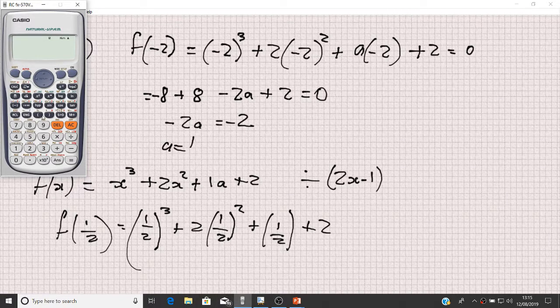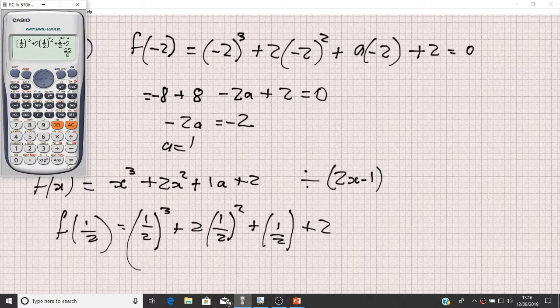So we have 1/2 cubed plus 2 times 1/2 squared plus 1/2 plus 2.